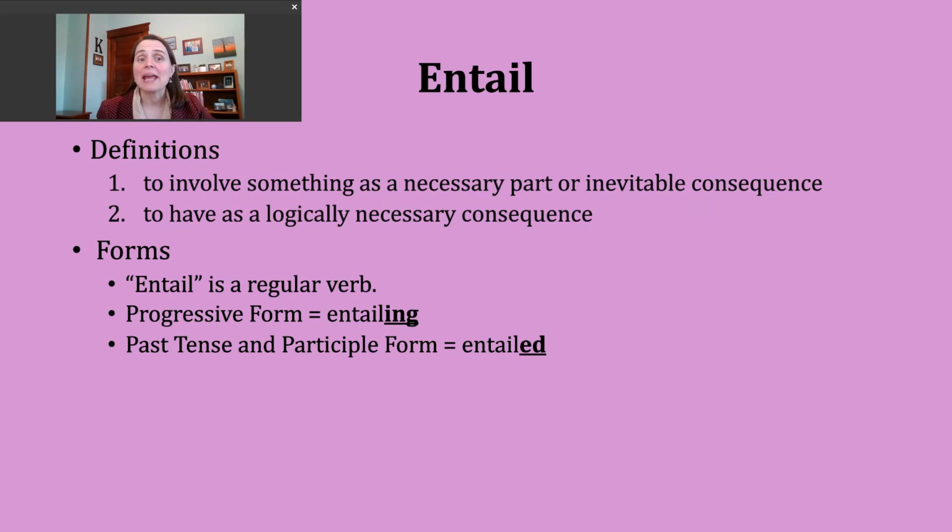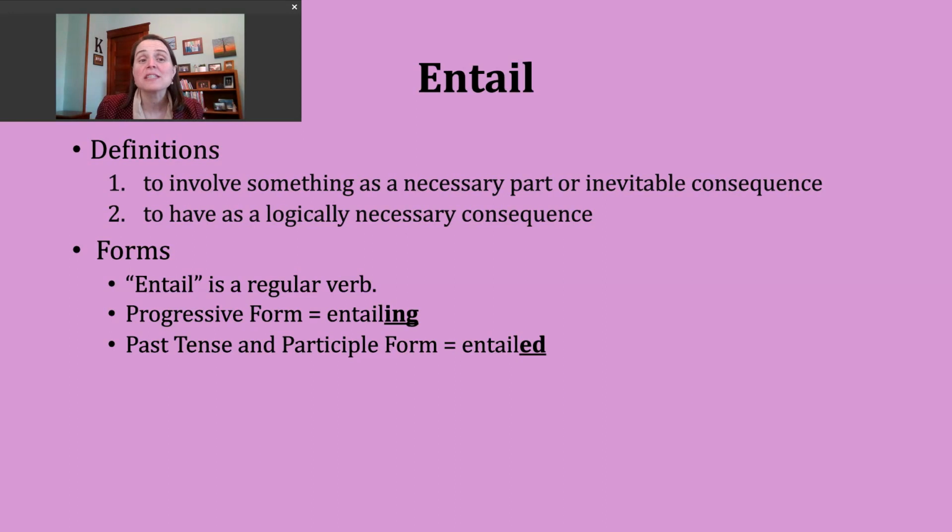The most common way entail gets used is to mean to involve something as a necessary part of something else. It could also mean to involve something as an inevitable consequence. So, something that's just going to happen as a result of something else.